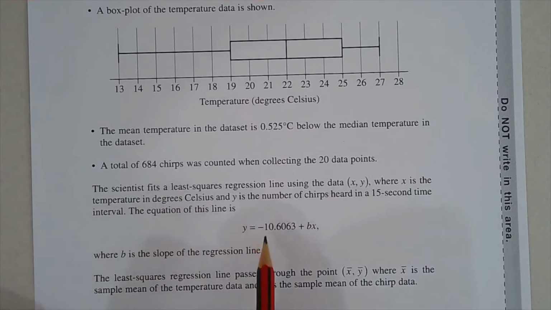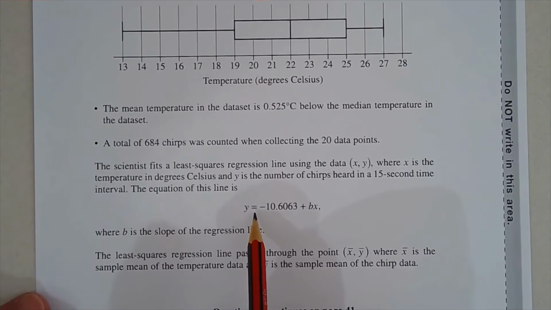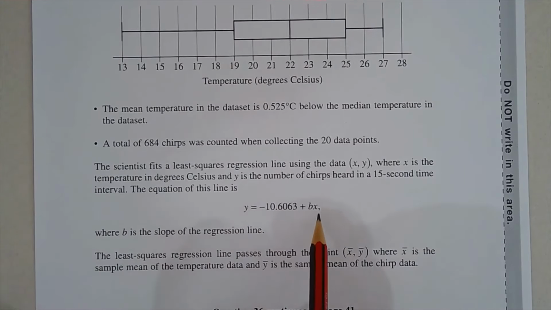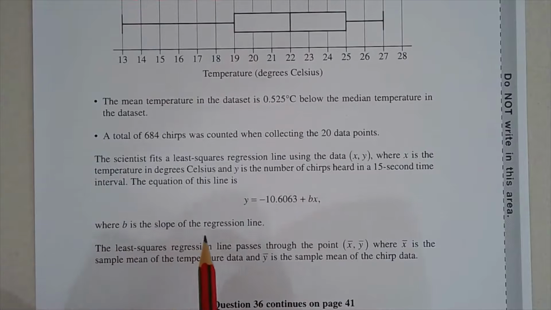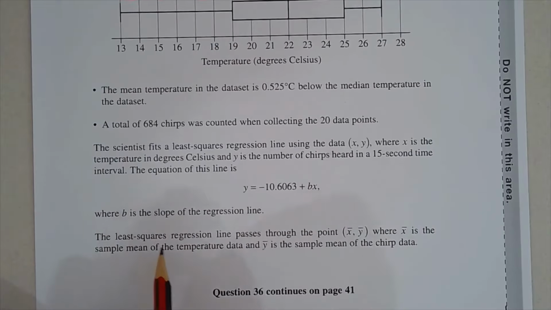The equation of this line is y equals negative 10.6063 plus bx, where b is the slope of the regression line. The least squares regression line passes through the point (x bar, y bar), where x bar is the sample mean of the temperature data and y bar is the sample mean of the chirp data.